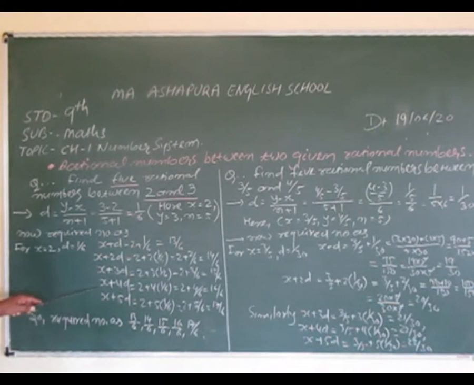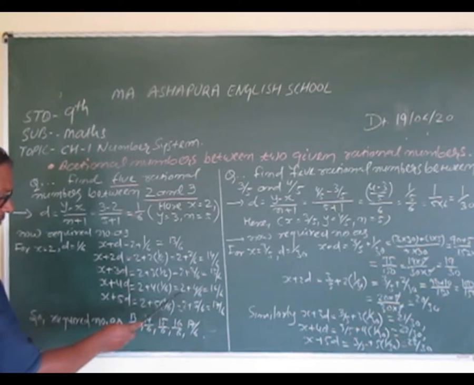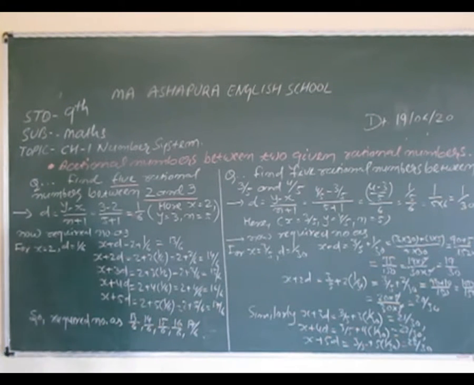Consequently, the fourth term is x plus 4d. Now substitute the values, x is equal to 2 and d is equal to 1 by 6. Finally we get 2 plus 4 into (1 by 6), which means 2 plus 4 by 6. And simplify in the last stage, 6 times 2 is 12, plus 4 is equal to 16 by 6. The last required term is x plus 5d, equal to 2 plus 5 into (1 by 6).